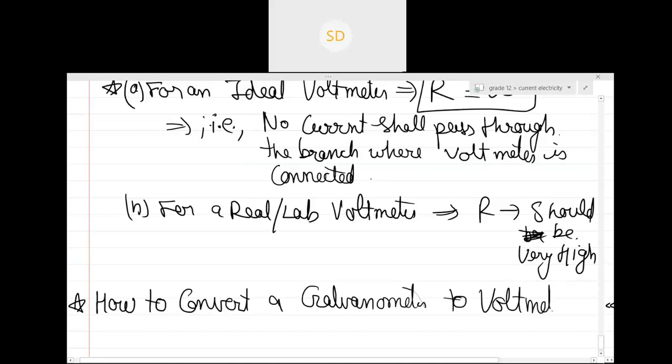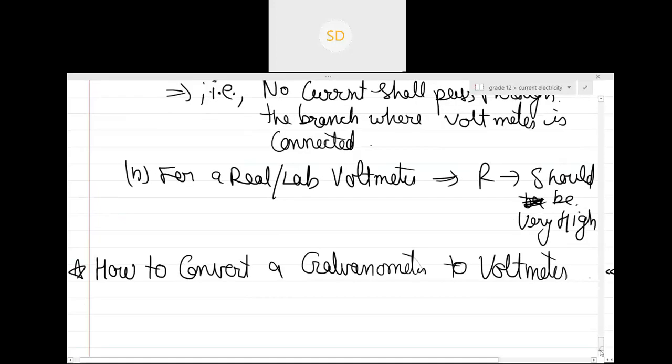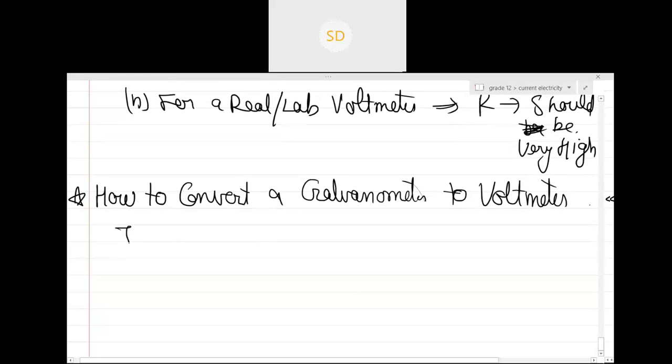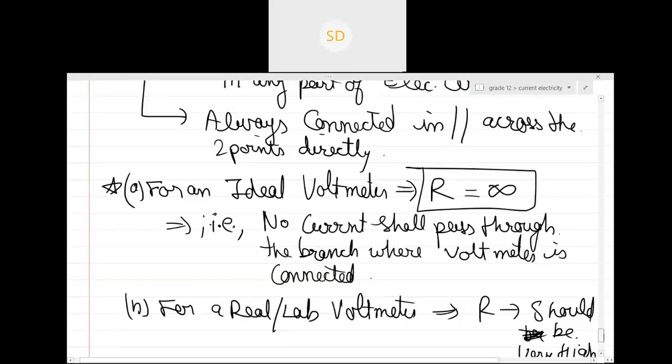Now let's convert, how to convert the galvanometer to a voltmeter. Guys, are you writing along with me? Guys, I am not able to hear you. Are you people not speaking or am I not able to hear you? Also, we can hear you. Okay.